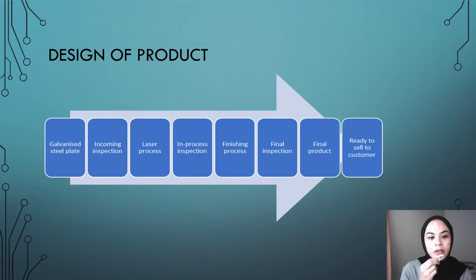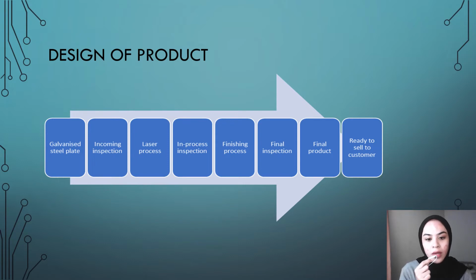For the design of the product, we started by receiving a galvanized steel plate from the supplier, and then we undergo an incoming inspection to make sure that our raw material is in good condition. Our production of the keychain uses the laser process.